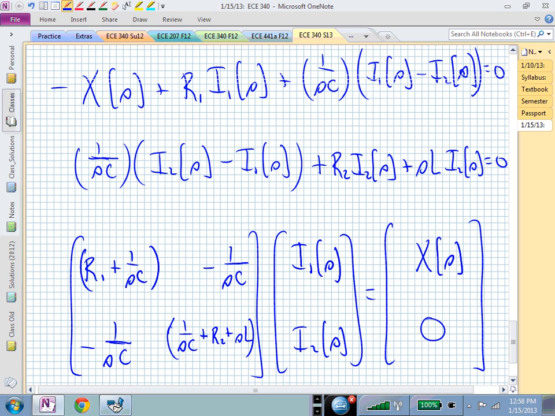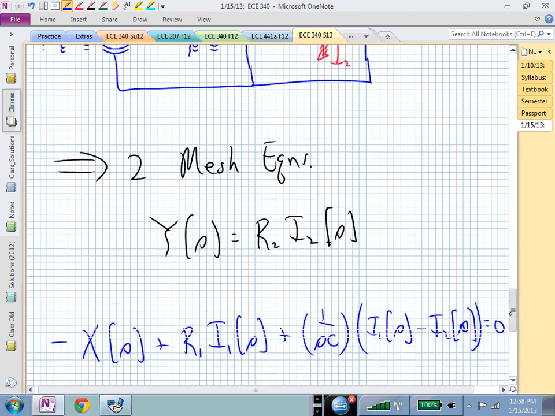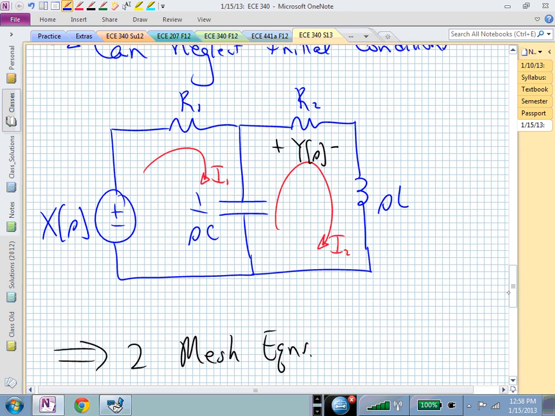In the 1, 1 entry, I find all of the impedances that are touched by I sub 1, and I sum those up, and that's just R1 plus 1 over SC. That's that 1, 1 entry. For the 2, 2 entry, I go over to the second mesh, and I say, what are the impedances touched by I sub 2? It's 1 over SC plus R2 plus SL, and that's my 2, 2 entry.